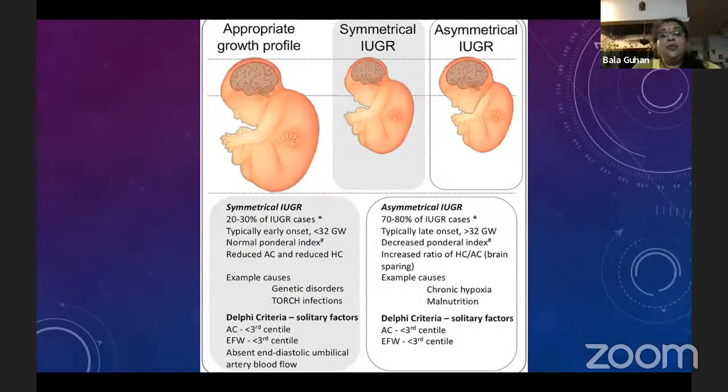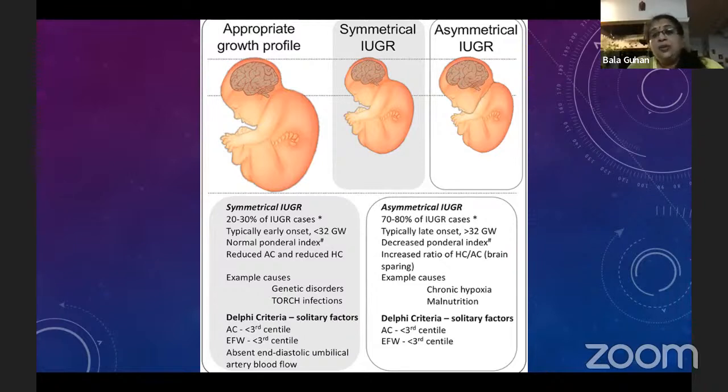Here, as we can see, the first picture shows the appropriate growth profile of a baby. The second one is the symmetrical IUGR, which is about 20 to 30% of the cases, and there is typically early onset, less than 32 weeks of gestation, with a normal ponderal index, and reduced abdominal circumference and head circumference.